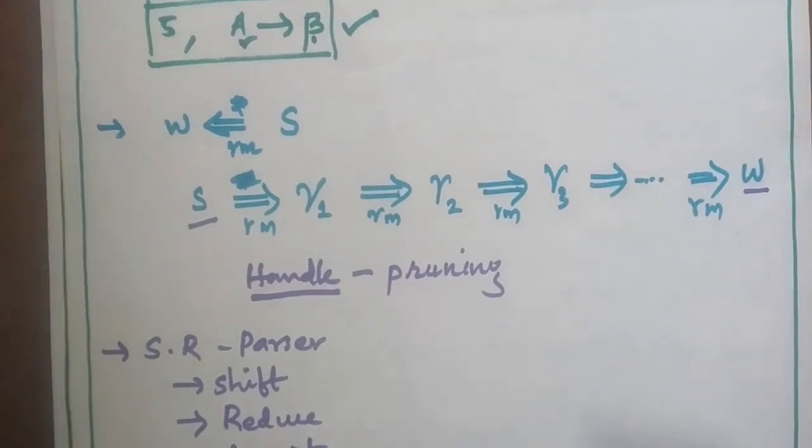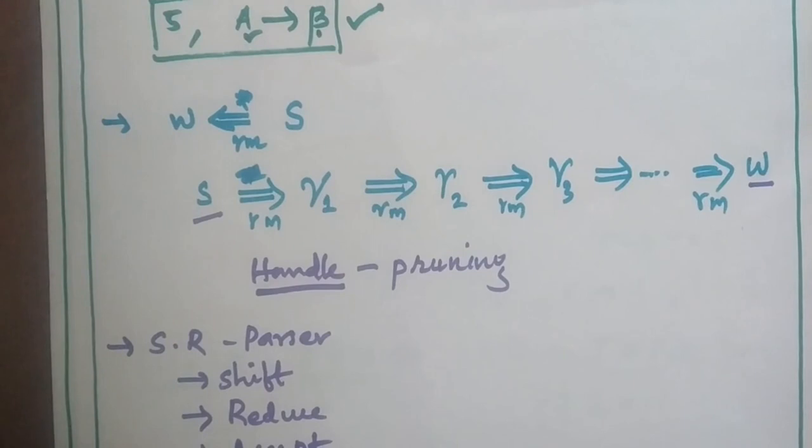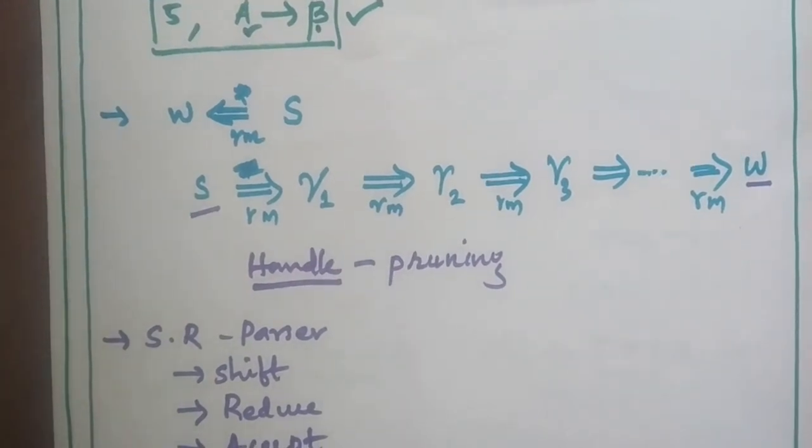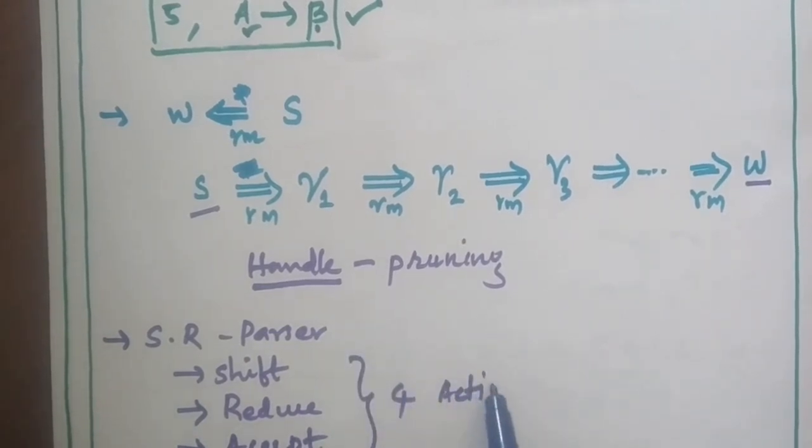If it is not successful in constructing the parse tree, it will tell error. So these are the two other operations. Totally it has 4 actions. The main two are the shift action and the reduce action, and when it is successful, it will tell accept. When an error happens, it will tell that it can't construct.